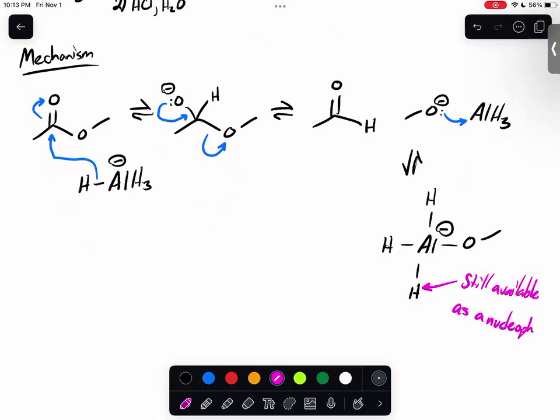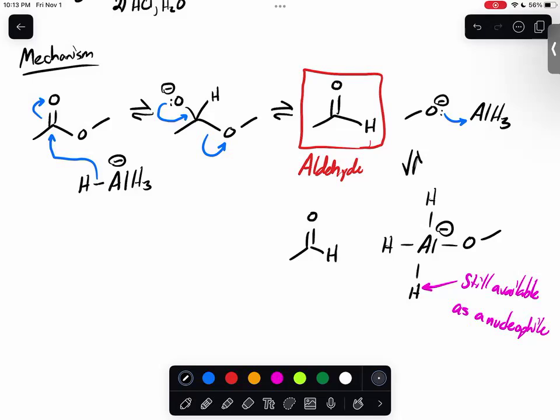And wouldn't you know it, in the middle of our reaction, what is this right here? It's another carbonyl, right? It is an aldehyde. And so what's going to happen is essentially that aldehyde that we just formed can be reacted with the same aluminum hydride because it has more hydrides to give.